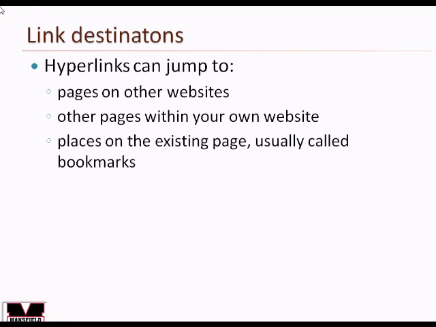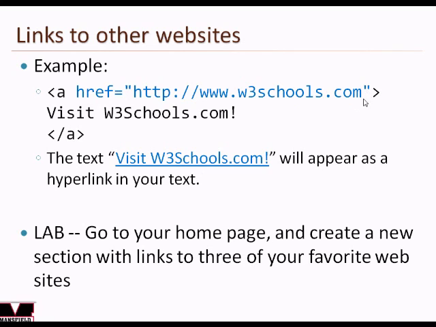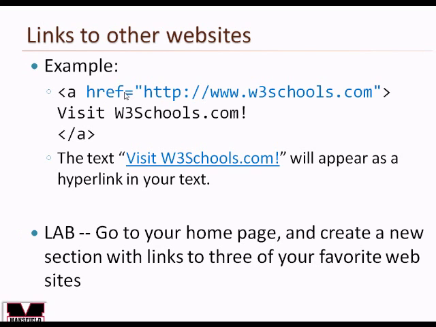So here's an example of a link to another website. We have the opening A, our href attribute equals, and remember the syntax of attributes: it's always the name of the attribute, the equal sign, and then quotation marks. In between the quotation marks is the value of the attribute. So we have href equals w3schools.com, and there's our closing tag here.